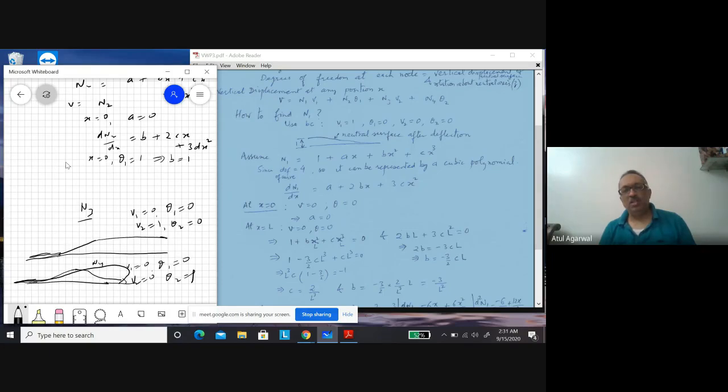Slope is 1. Counterclockwise theta is positive. So our slope is 1 and vertical displacement is 0. Then here it is 0. So this will be our N4.